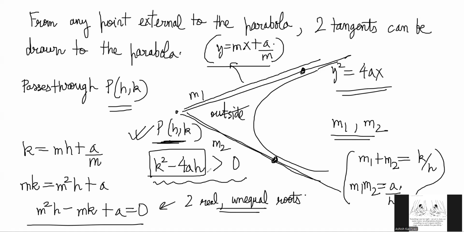Okay. Let's now go over to the theory of normal. And what is a normal? A normal to any curve is a line that is perpendicular to the tangent at the point of tangency, right?